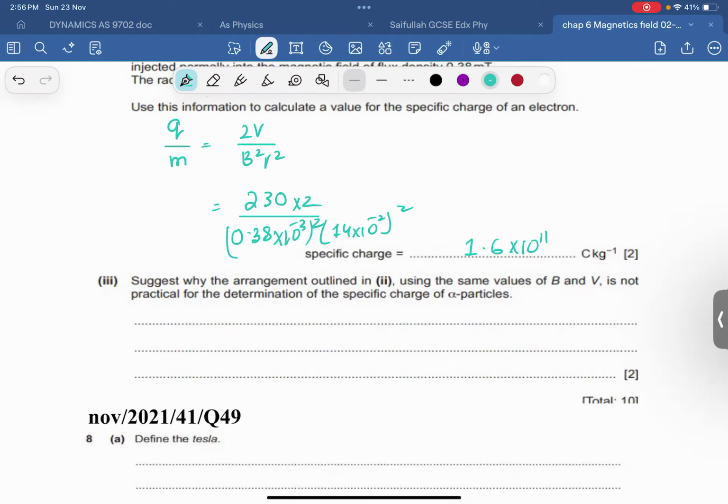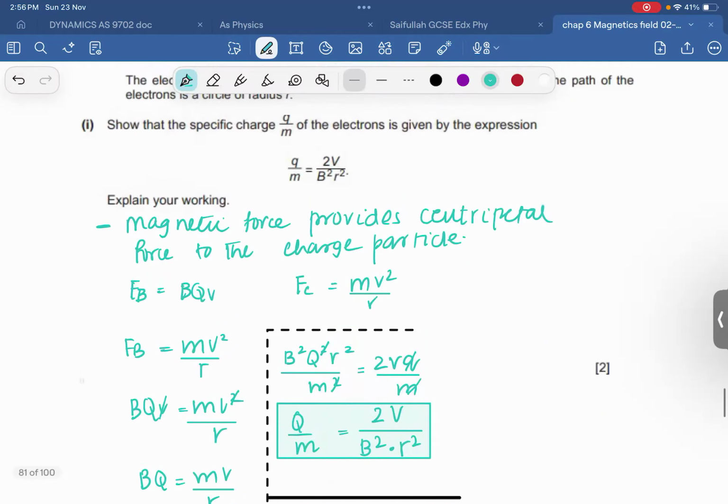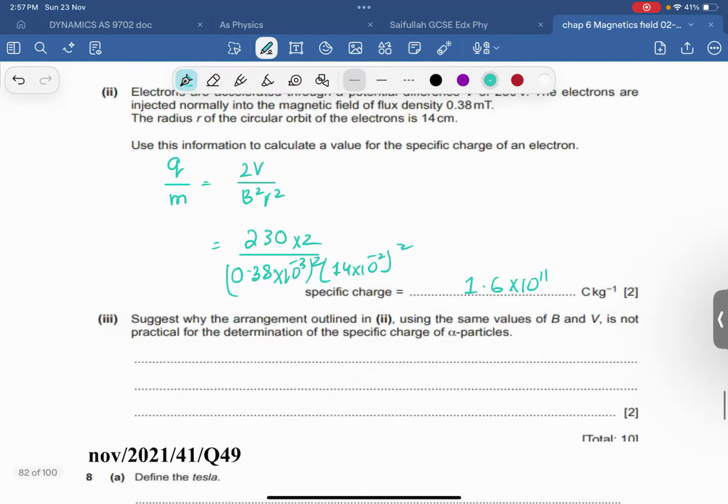So the charge to mass ratio I'm getting is very large, which means it will give a very small radius.